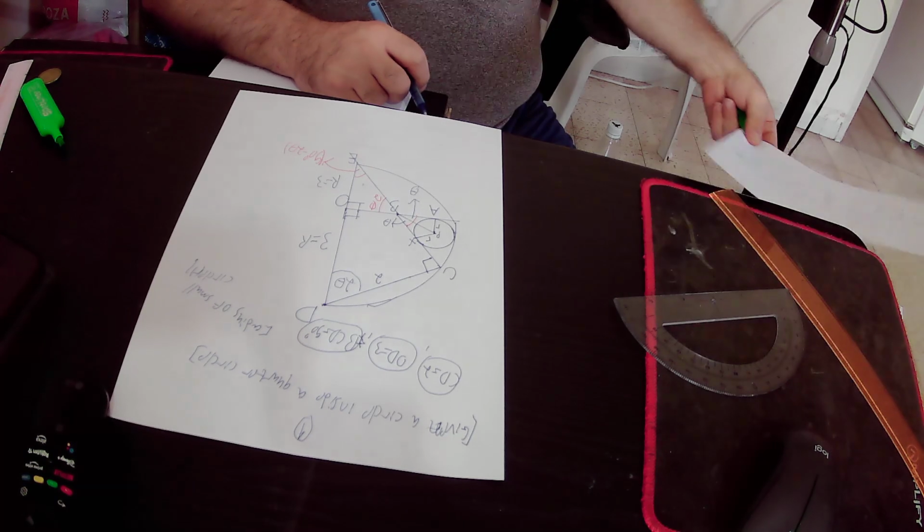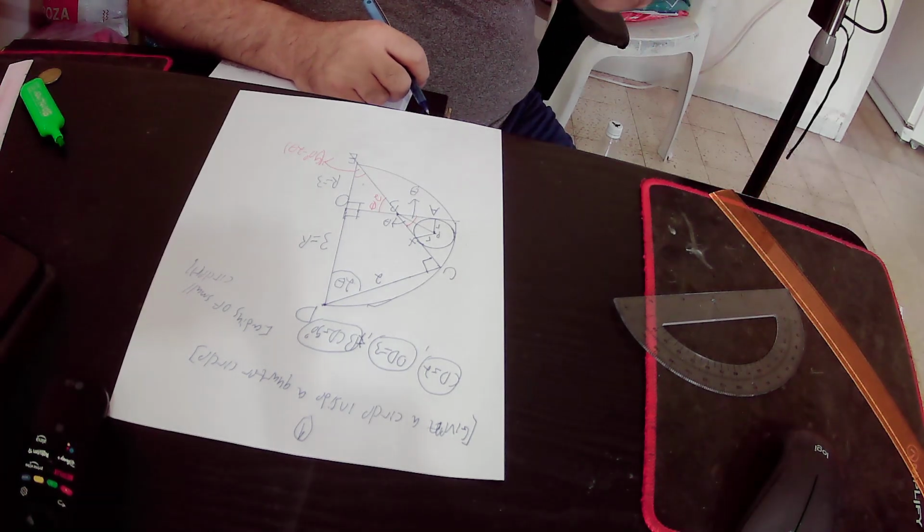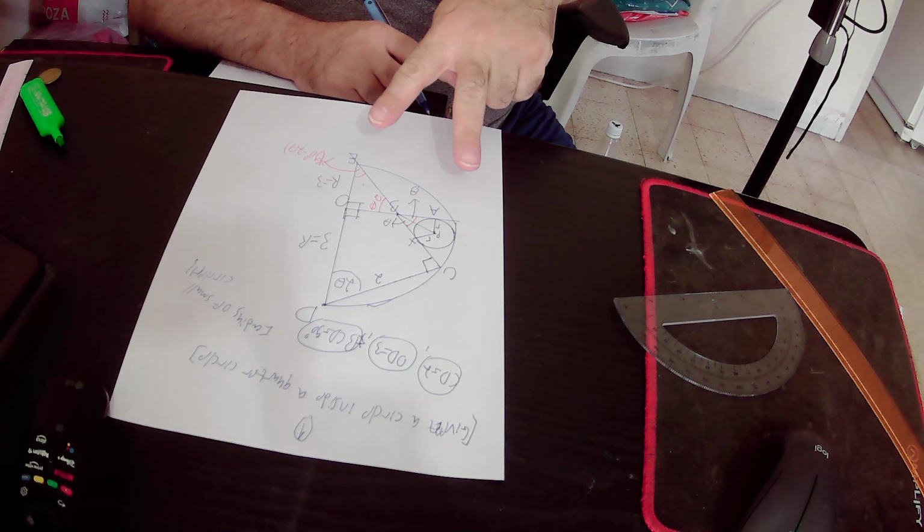In the next step, we will join together points O and P by a straight line.